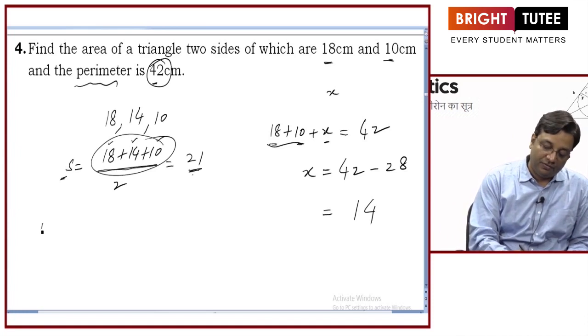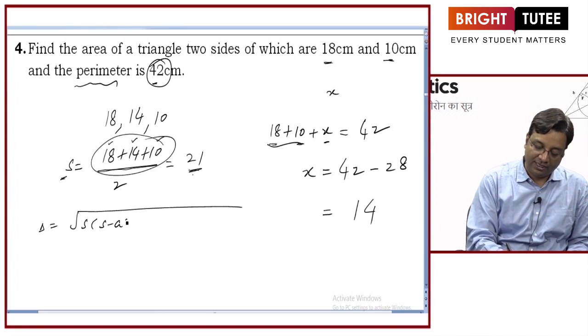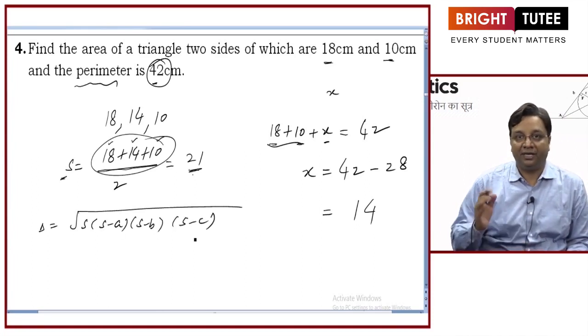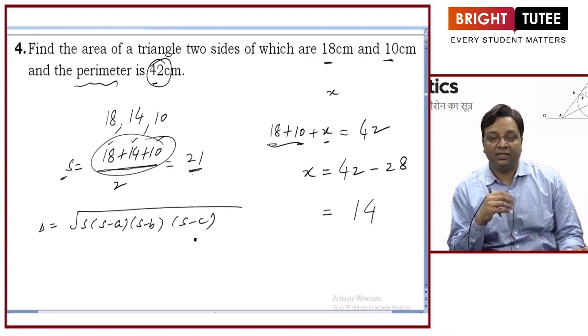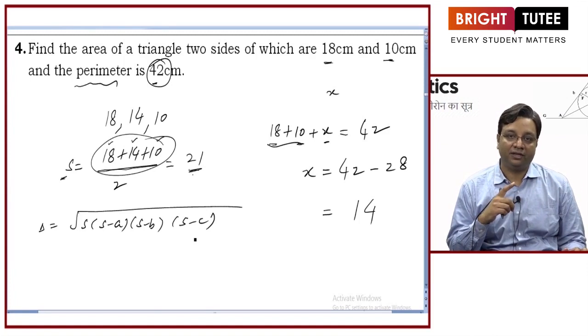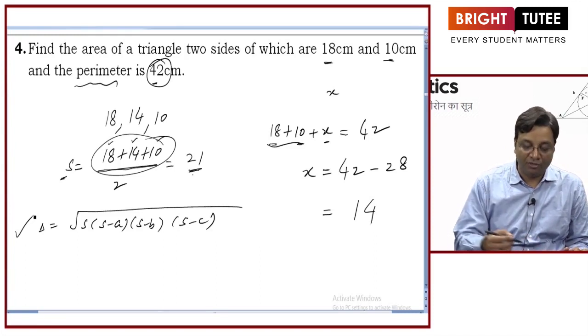Now what is the formula for area? It is square root of S, S minus A, S minus B, S minus C. I may not write the formula in all the questions, but when you are attempting this question in your final examination, you need to write the formula using Heron's formula, which says this, and then you put the values.